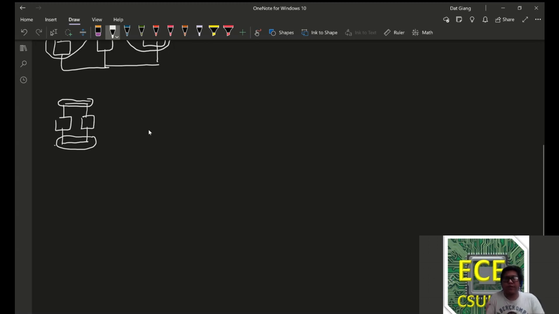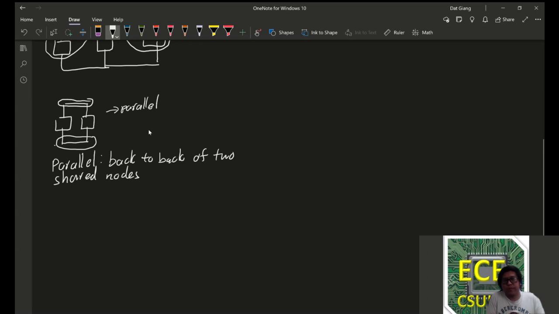Since both elements share the same line, they are considered to be in parallel. So formally, a parallel connection is back to back of two shared nodes.